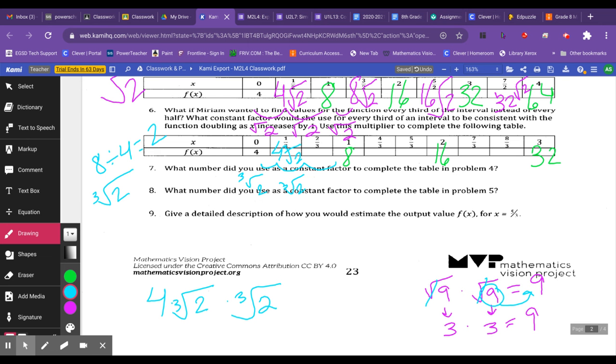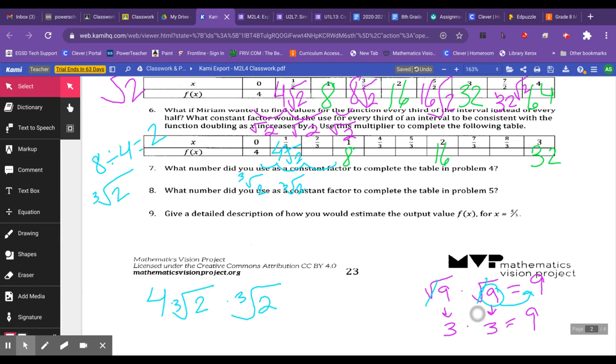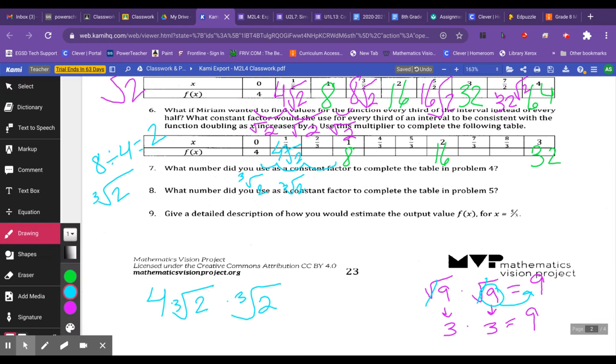We said over here with the square roots, we had to have 2. Well, because this is a cubed root, I have to have 3, and I don't. So I can either leave it just like this, or I can say 4 to the cubed root of 2 squared. So either one of these would go into this spot right here.